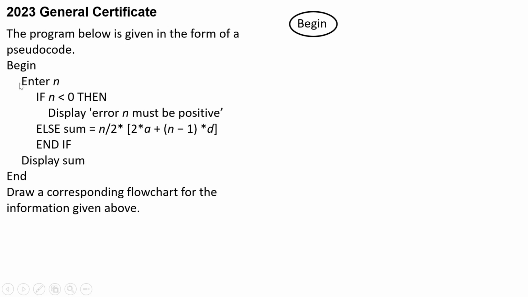Then this one here, enter, which is an input device like a keyboard, a mouse, or a microphone. We said an input device, which stands for enter or input, is represented by a parallelogram. So here you need to draw first the arrow down and put the parallelogram, and then type inside it, enter n.